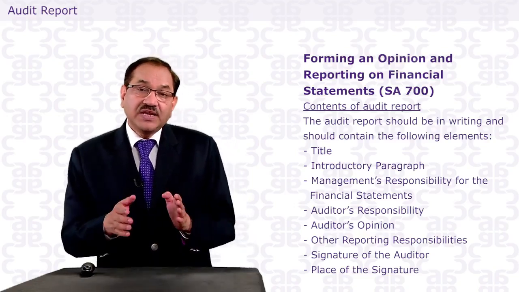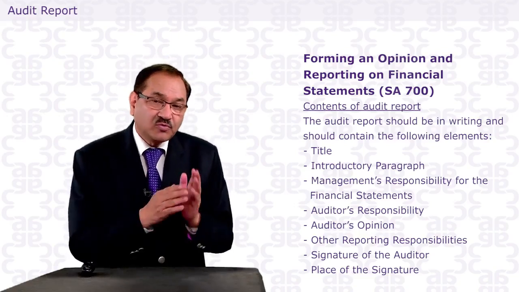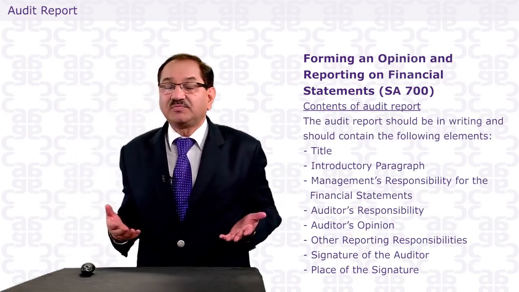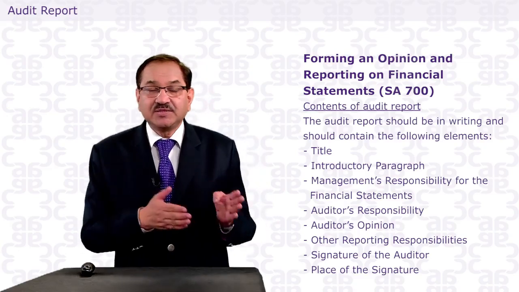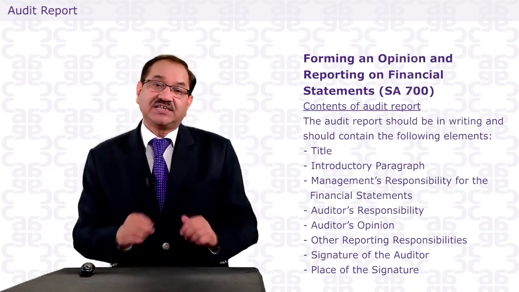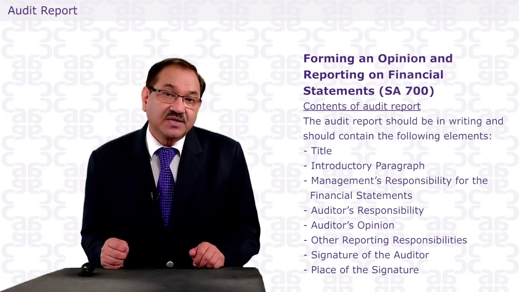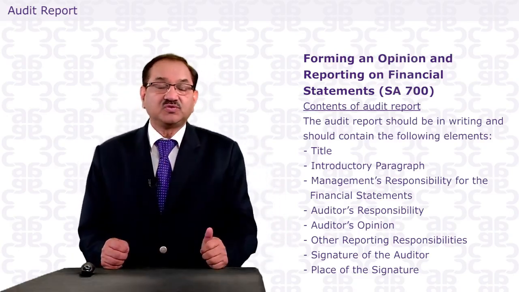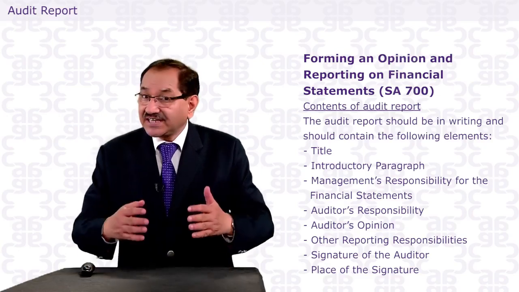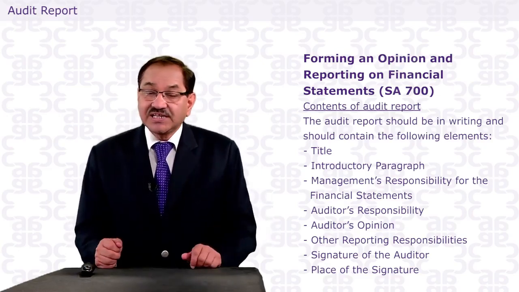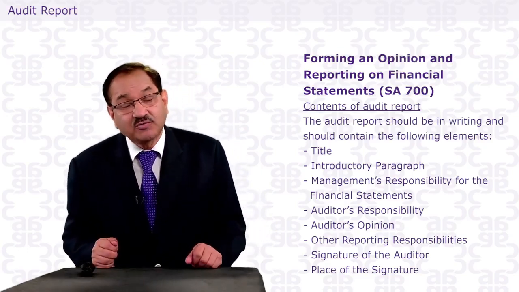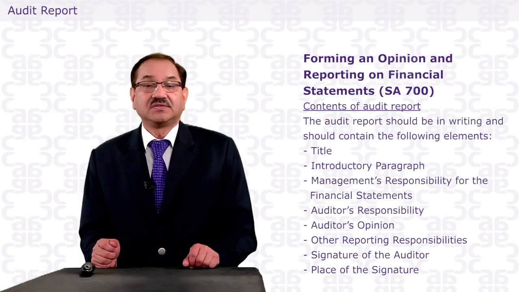Therefore, up to 25th of June, he has taken a representation from the management that they have considered the events between these dates while preparing the financial statements. From 1st of April 2013 up to 25th of June 2013, he has taken a representation from management that all significant events between these two dates have been considered while preparing these financial statements.